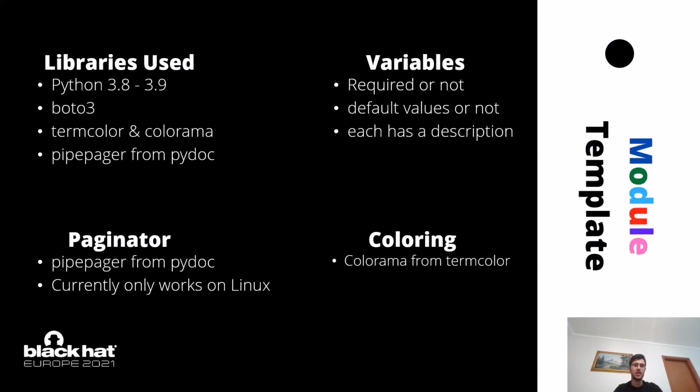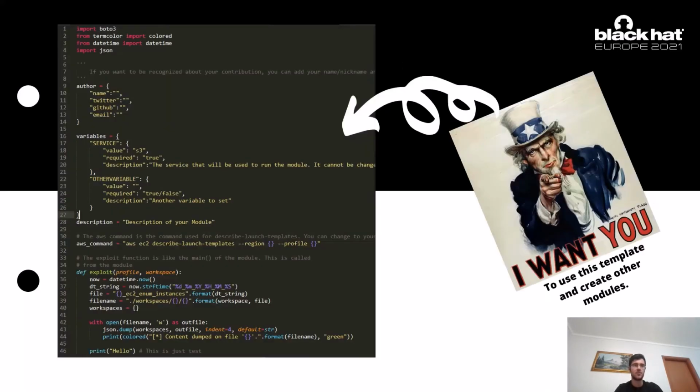show the paginated information. This is the template. The template has the variables, which are all the options that you have. It has information about the author. If you want to contribute, you are more than allowed to set your information here, and I will be promoting you.